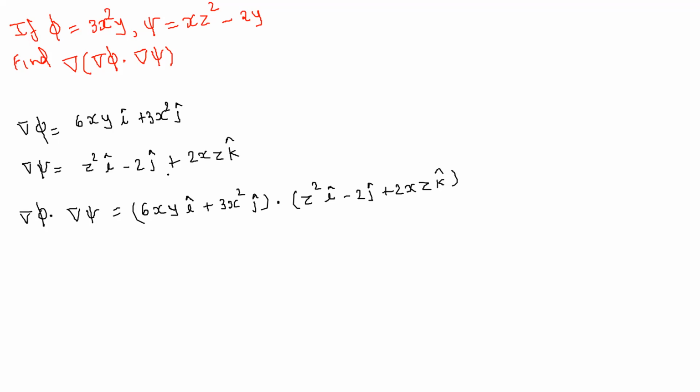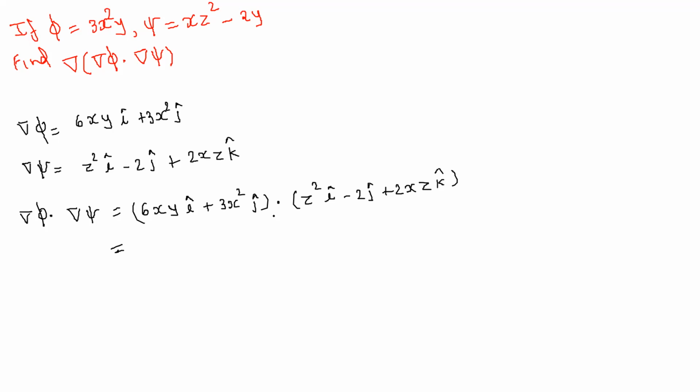Now, dot product between these two vectors. What is i dot i? 1. What is j dot j? 1. k dot k is 1, but in the first bracket we don't have a k term. That means it is 0k. You have to take it as 0k. Now go ahead and find your dot product.